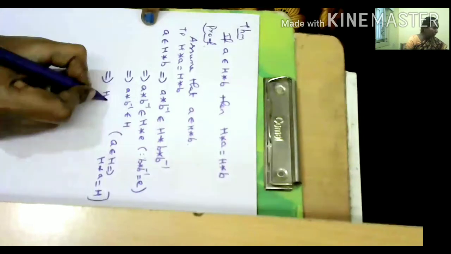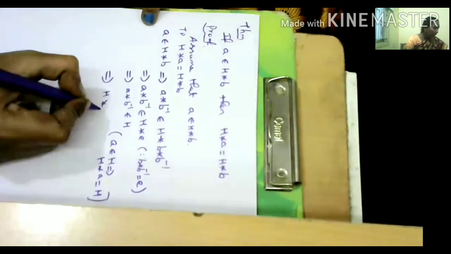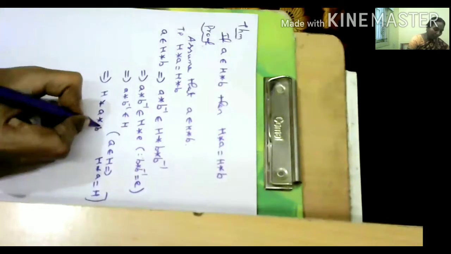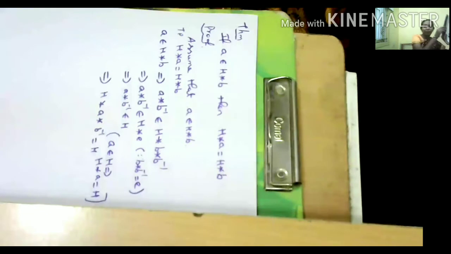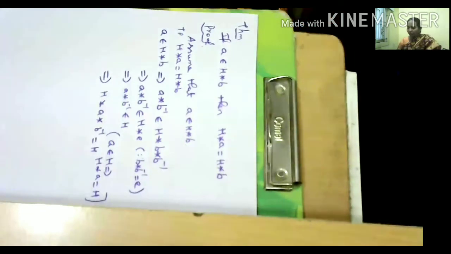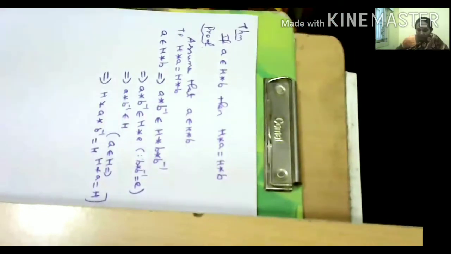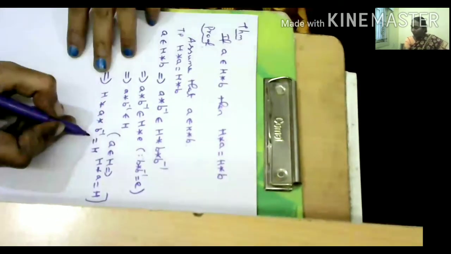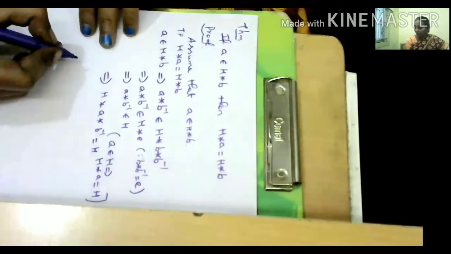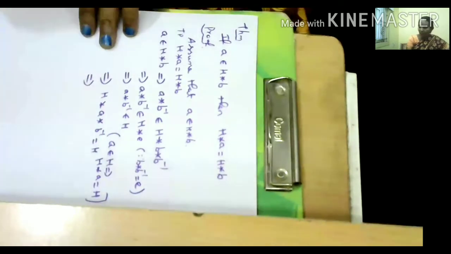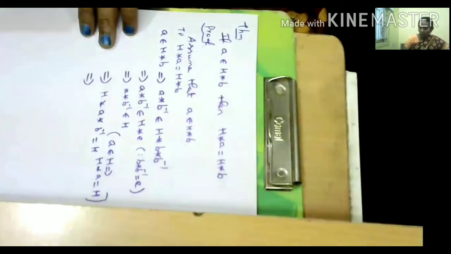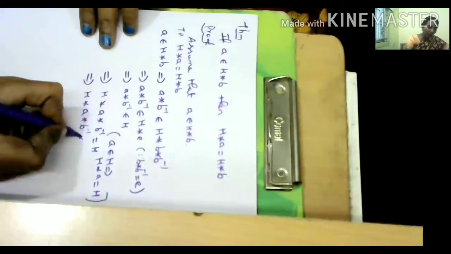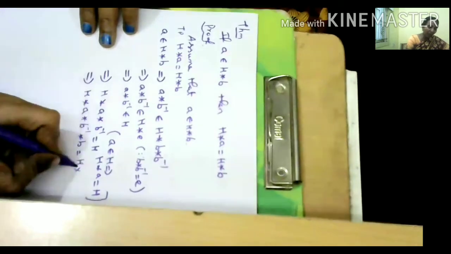Therefore H star a star b inverse is equal to H. This implies H star a star b inverse star b is equal to H star b, as both sides have been multiplied by b.